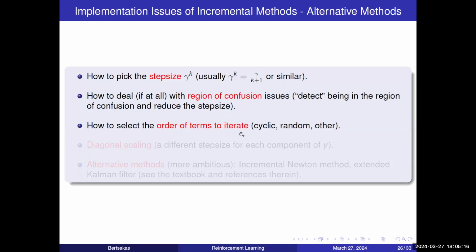Recall that in the incremental gradient, we select at each step, i_k, a component and compute its gradient. Then the question is how to select that i_k. One way is to order the components in a certain way and just cycle through those components.